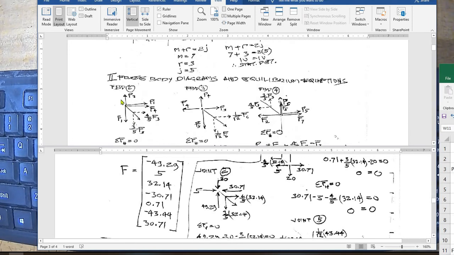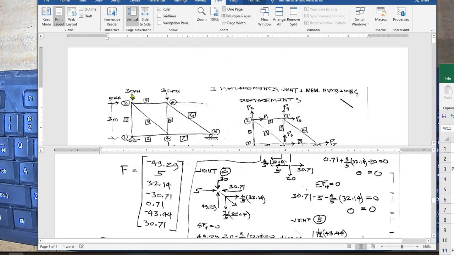Remember that at joint 2, we have 30 downward and 5 kN positive X. Then our F4, 30.71 negative, so that means compression. 30.71 compression, your arrow is towards the node.